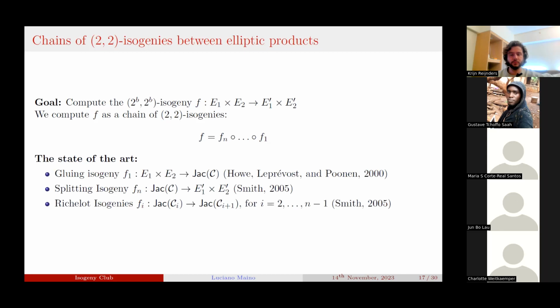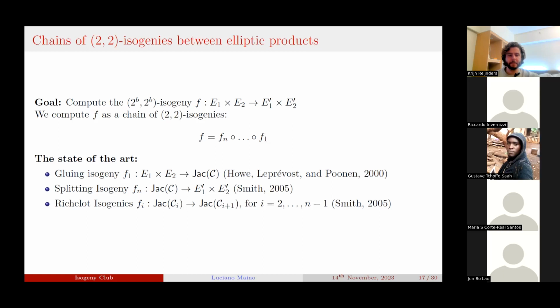The first step of this isogeny chain is given by the so-called gluing isogeny. We look at an isogeny F1 originating from an elliptic product E1 cross E2 and mapping onto the Jacobian of a hyperelliptic genus 2 curve. There are formulae to compute these isogenies, and a reference for this can be found in the paper by Owen, Leprost, and Poonen from 2000.